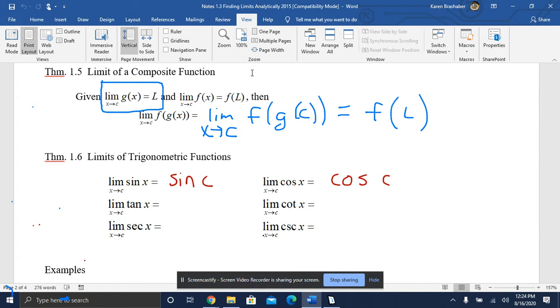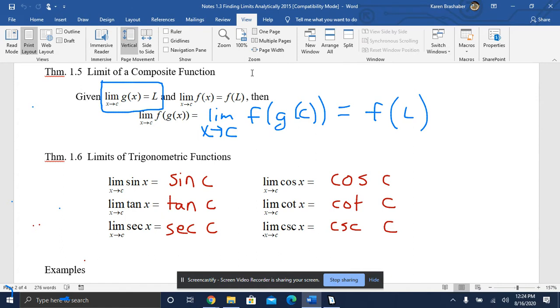Limit as x approaches c of tangent of x would be the tangent of c. And this just goes on from there. So in each case, you are substituting in c where the x is. So your trig functions are easy to substitute into.